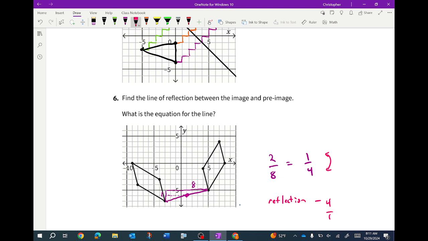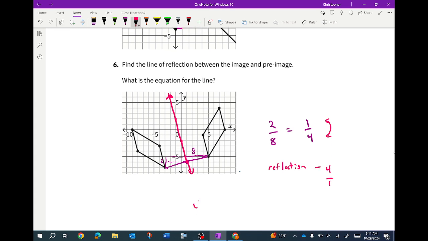So from this point, it's going down 4 over 1. So there's our line of reflection, okay? And the slope is -4, and our y-intercept is right there at -2.